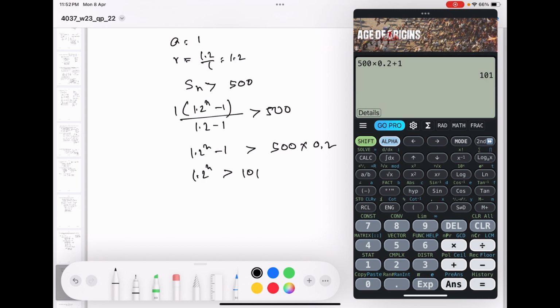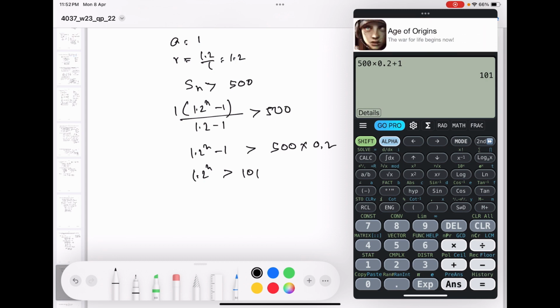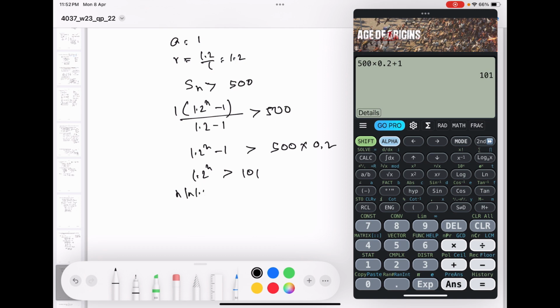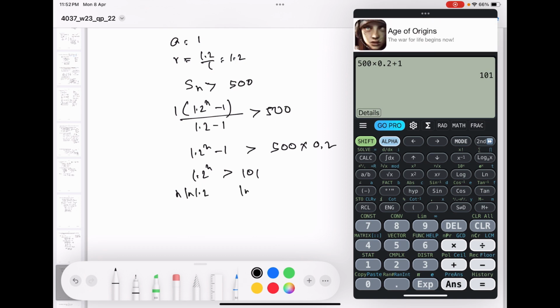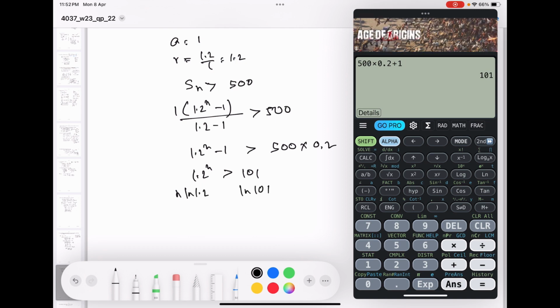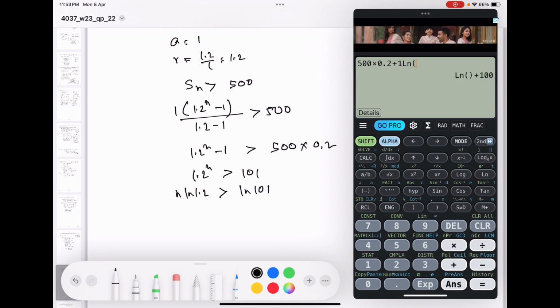Let me take ln on both sides. ln 1.2 is positive, so let us divide both sides by ln 1.2.